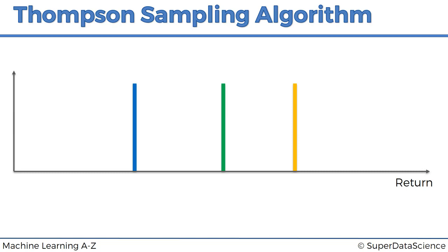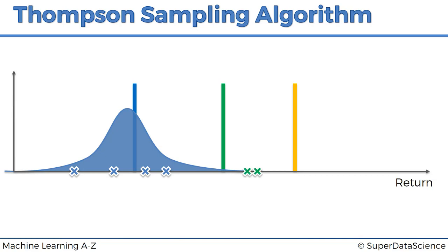And so let's say that has happened. There are some trial runs for machine number 1, or the blue machine, and based on those trial runs, the Thompson sampling algorithm, this is where it starts getting different to the upper confidence bound, will construct a distribution, right? We'll get to what this distribution means in a second.